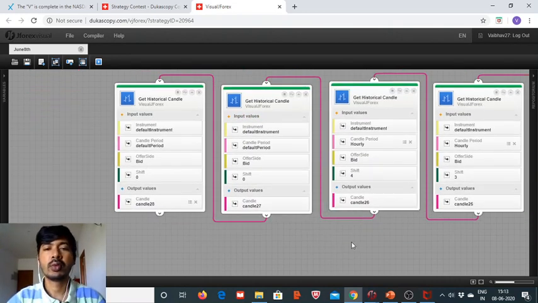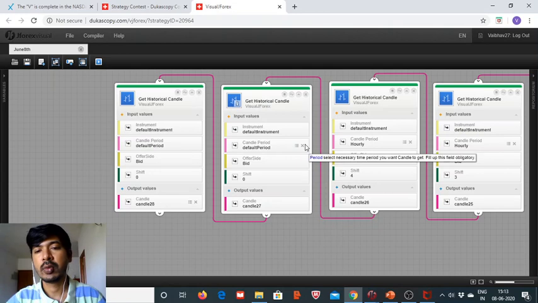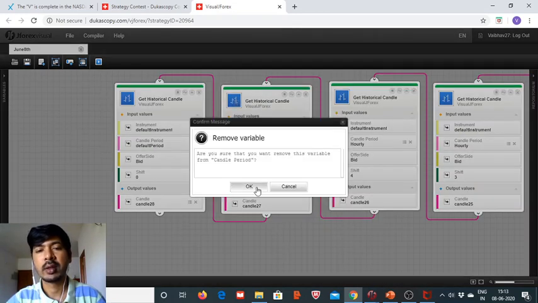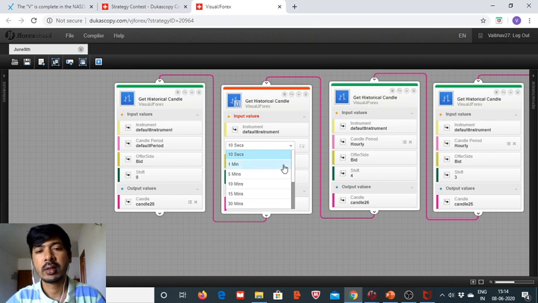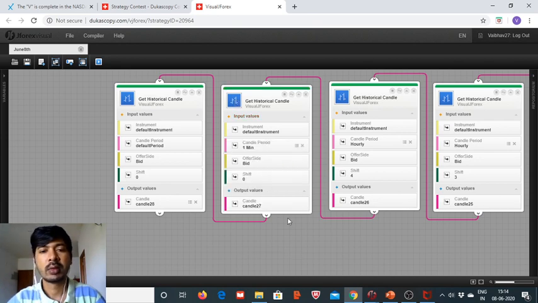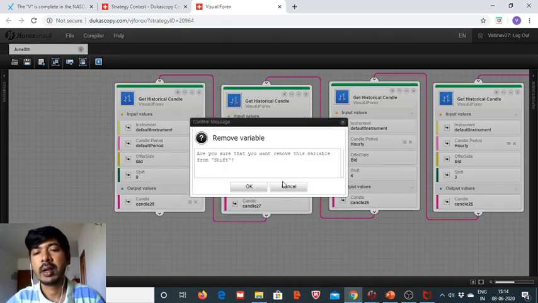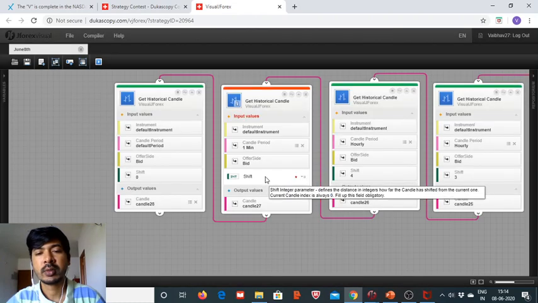Now these two candles need to be converted to 1 minute each, as they are there simply to determine the entry and the exit. Shift 1 and shift 2.